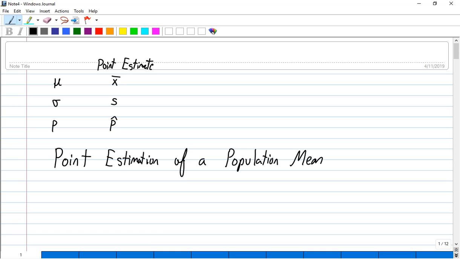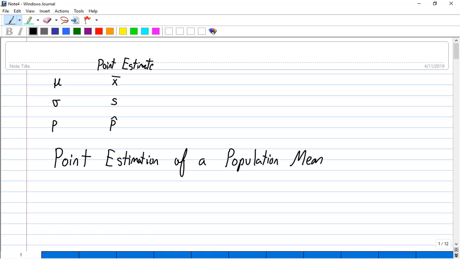And after we go over this section, the next three sections are about making interval estimates for a population mean, a population proportion, and a population standard deviation or variance. Okay? So the formulas may be different, but we're doing the same thing every time. So if we can get the concept of what we're doing early on and we understand it, it's going to help us in those other sections.